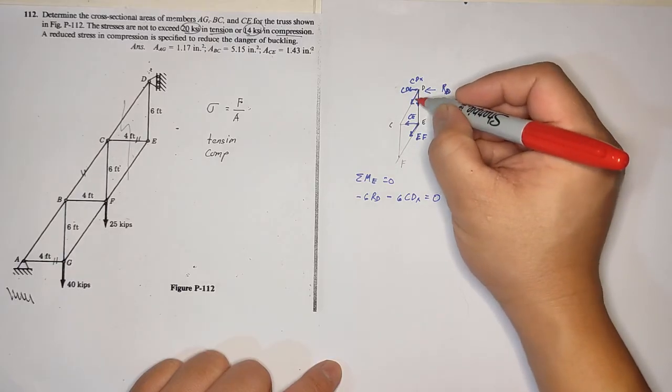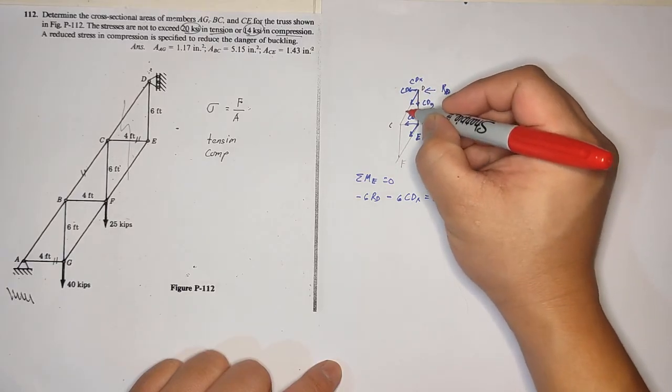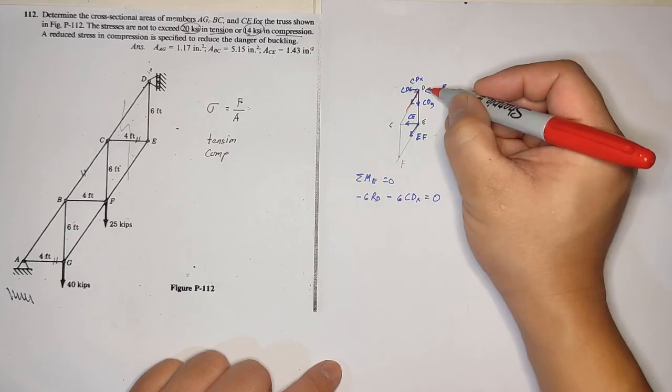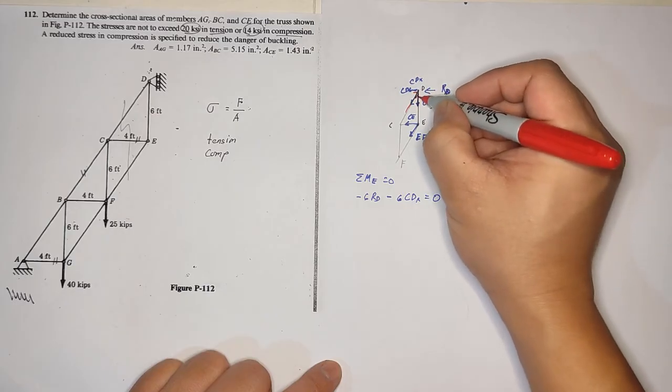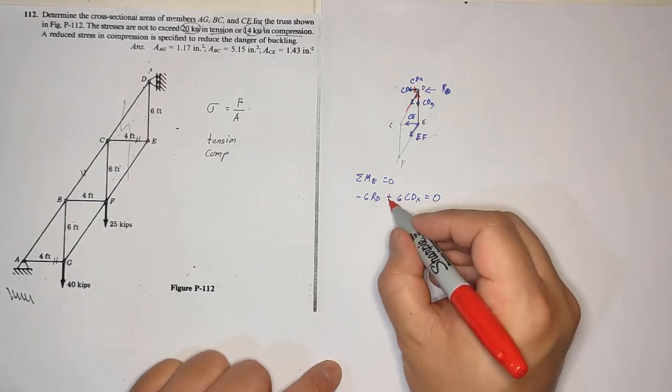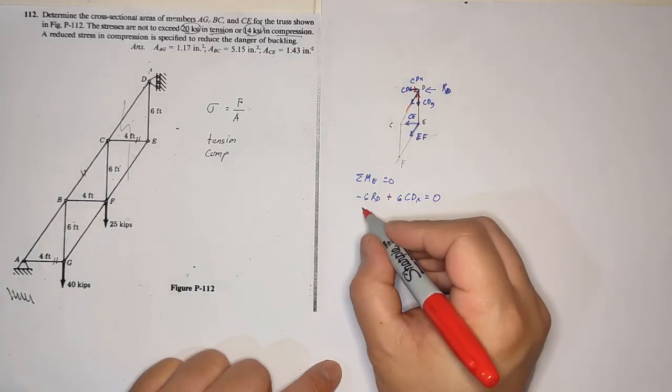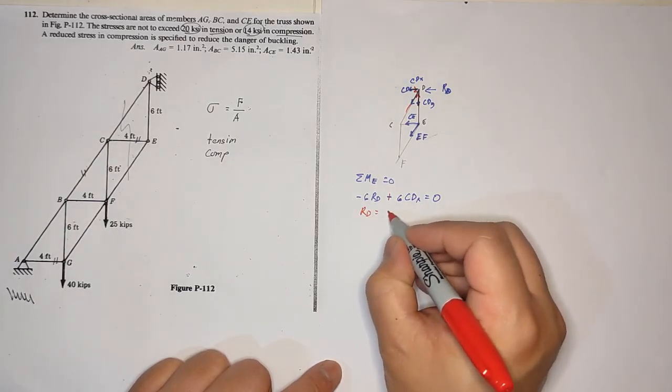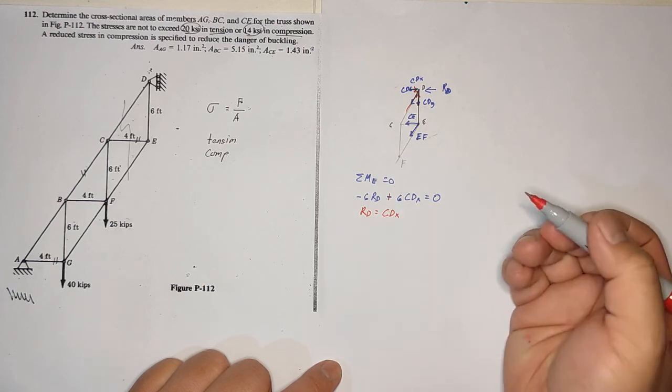So, ang gagawin natin, instead of tension, it's compression. Kung compression yan, di patusok din yon. So, nagiging positive na to. Anyway, lumalabas na RD equals CDX.